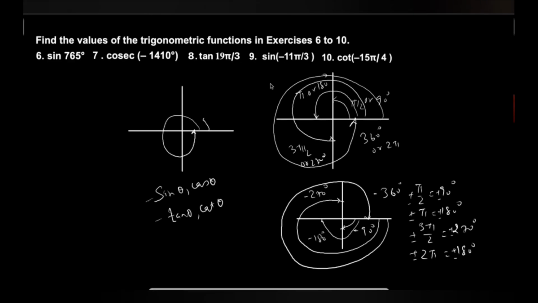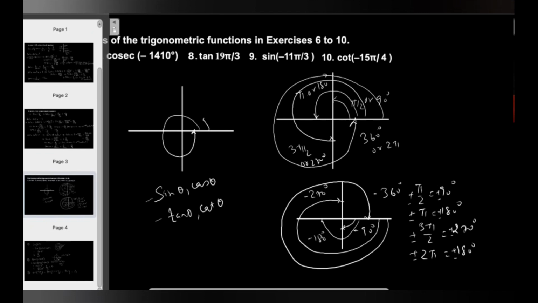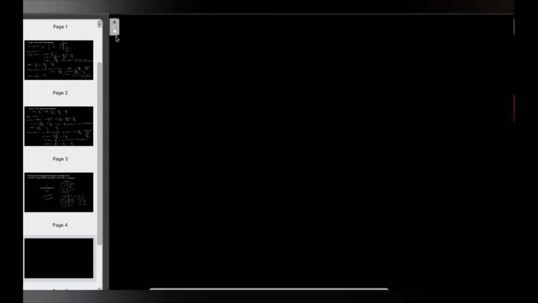The next problem says minus of sine of minus 11 pi by 3, right? Again, can I add 4 pi to it? 4 pi minus 11 pi by 3.